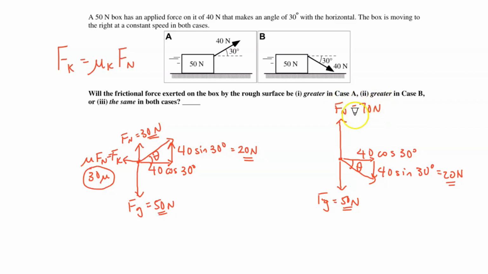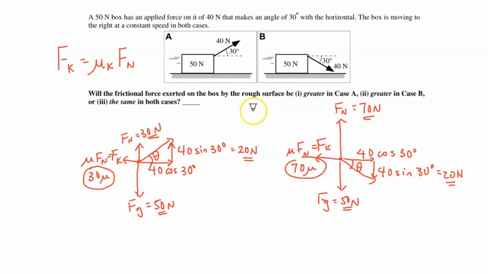And then for the friction, Fk, we know Fk is equal to mu times Fn. So what is Fn? Fn is 70, so this is going to be 70 times mu. So right now, at least initially, it looks like the friction in B is greater.